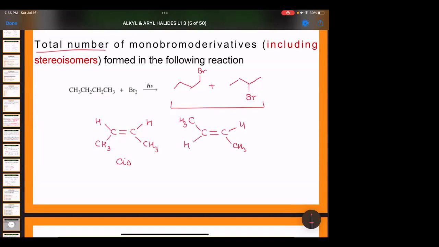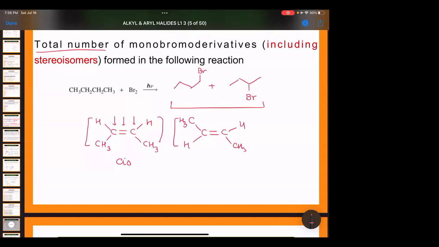And why they are stereoisomers, we can prove very easily that both have the same connections. You have methyl and hydrogen, carbon, double bond, carbon, methyl and hydrogen. The same thing is here also. So if you are comparing bond by bond, they are the same.